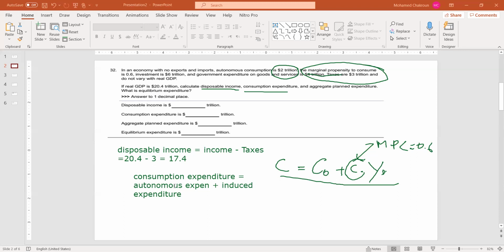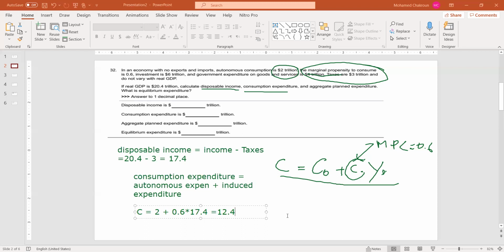So consumption expenditure C is equal to 2 trillion plus 0.6 times 17.4. It's equal to 12.4.